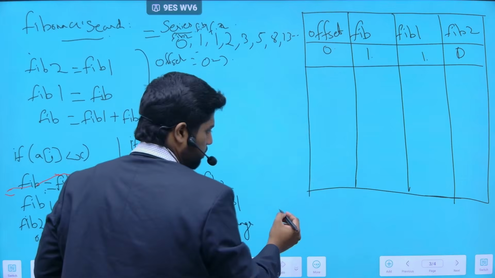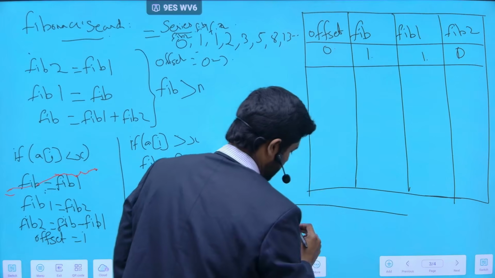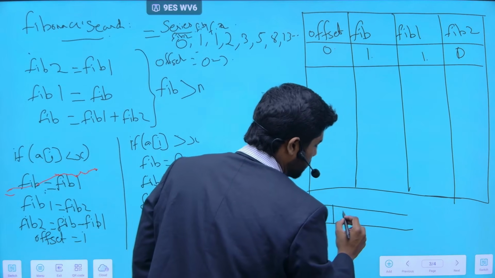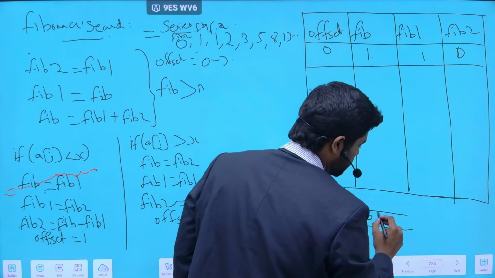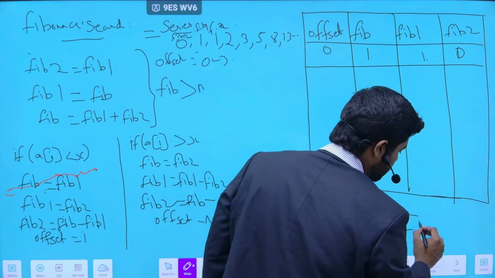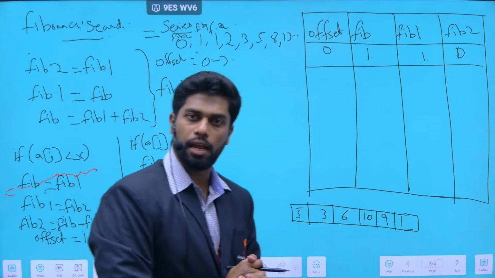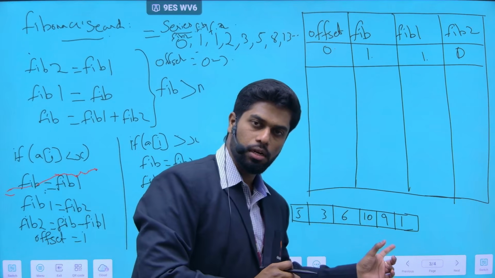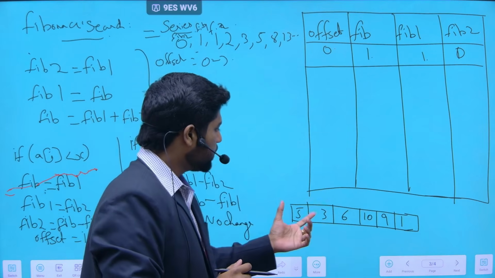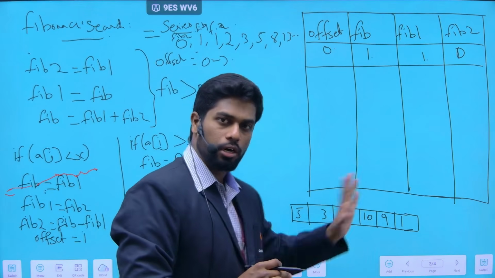We will have an array: 5, 3, 6, 10, 9 and 1. This is an unsorted array. Using Fibonacci search, I need to search for an element. So this is an unsorted array, we need to sort it.